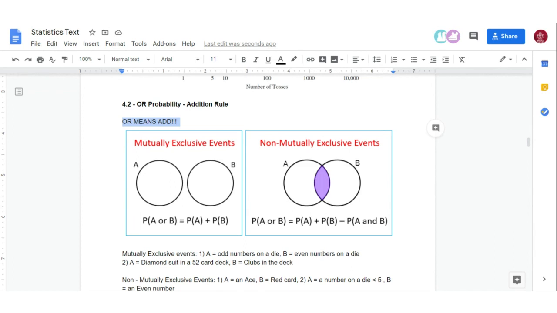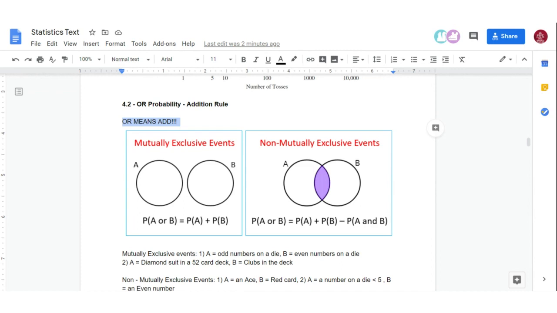Now, but in order to do this, we got to get two things straight. We got to talk about when items are mutually exclusive and when they're not mutually exclusive. Now, these two things here are called a Venn diagram, and those who took 120 probably remember a little bit about this, even if you don't remember the exact situation.